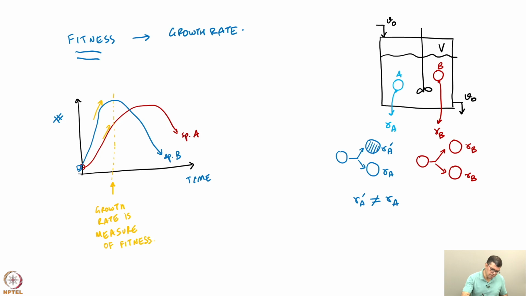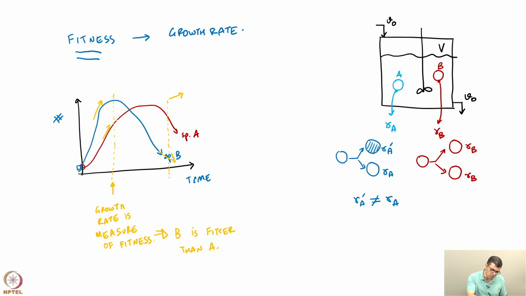However, if the same comparison between the two species is being done at this point, then growth rate is the appropriate measure of fitness, and in this case what I will end up saying is B is fitter than A. However, if I am comparing them here, then my comparison is a result of the growth that happened, the stationary phase that they stayed in, and the death phase that they stayed in for however long.